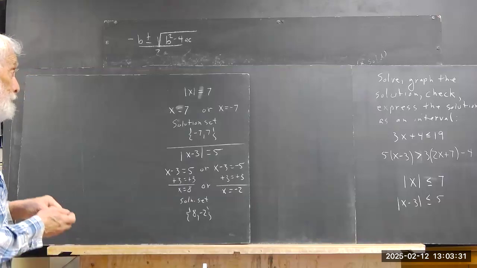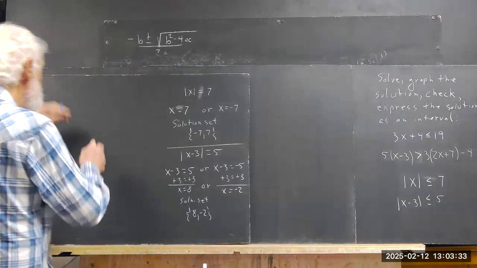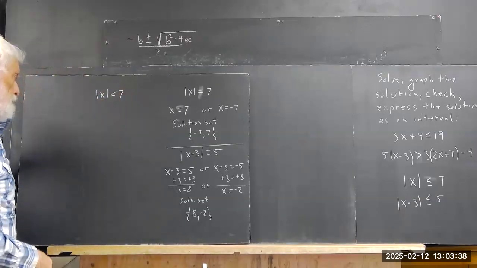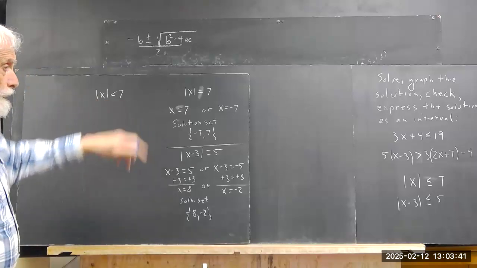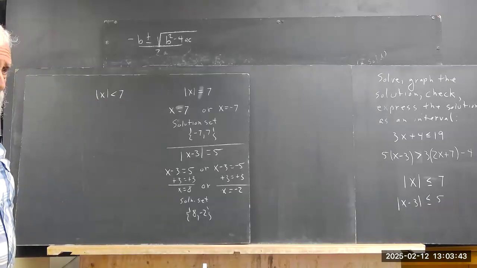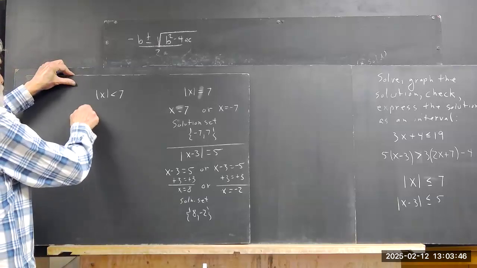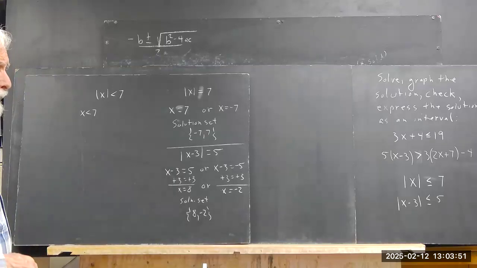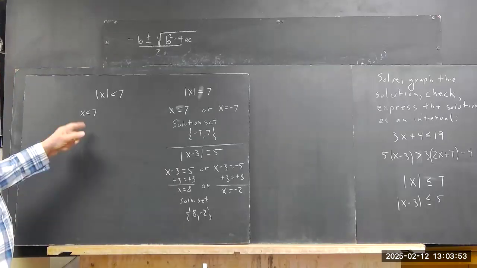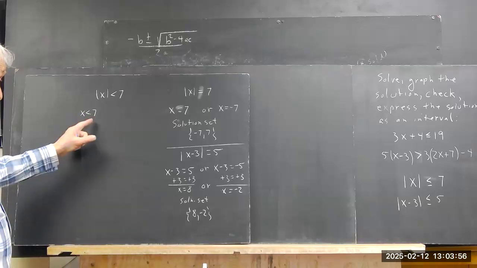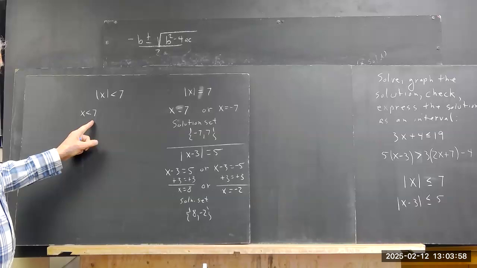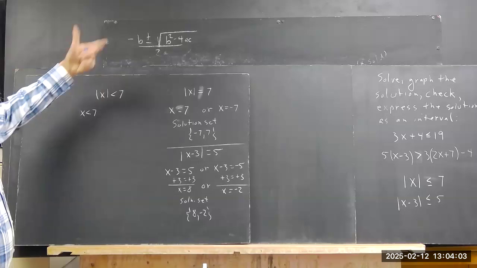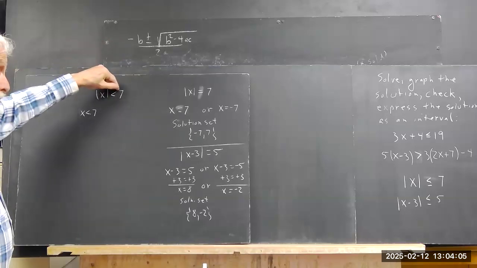Okay, next thing is absolute value of x less than 7. Well, not so fast. What if x is -10? -10 is less than 7, right? Well, if x is -10, what's the absolute value of x? It's 10. Is 10 less than 7?